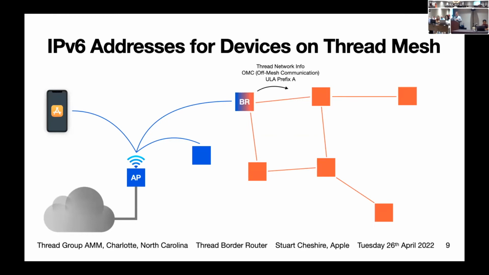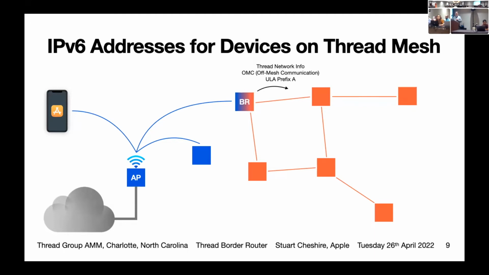Every Thread node already has a link local address and a mesh local address for communication within the mesh. We also want those nodes now to be able to communicate outside the mesh, so they need a third IPv6 address. And this is one of the great benefits of IPv6 stacks, is that they all support multiple addresses. So we have link local for one hop, we have mesh local within the mesh, and we want to configure a third one.